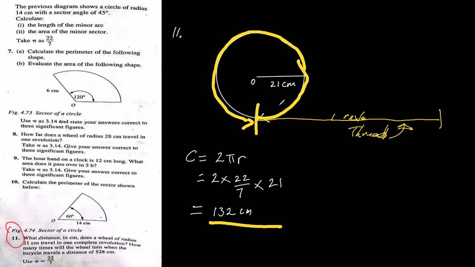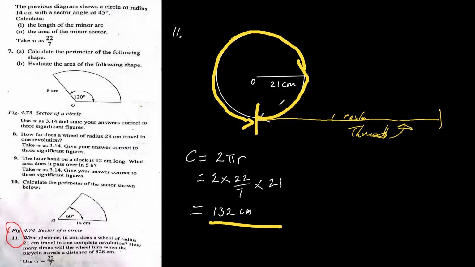And we found out how much that is. So the circumference of the circle is exactly a revolution. Antonio, your circumference is a revolution. So we found our circumference C to be 132 centimeters. So on the ground, that is the distance the circle will travel.